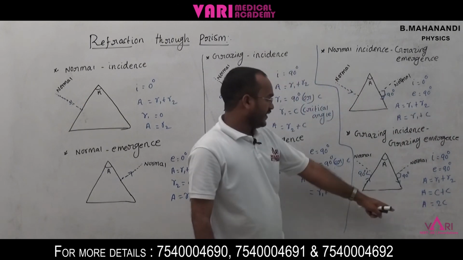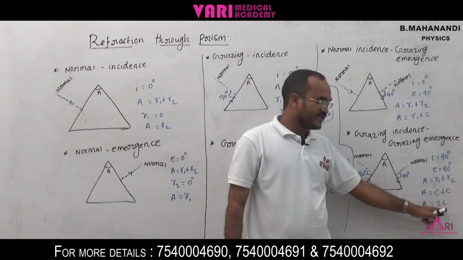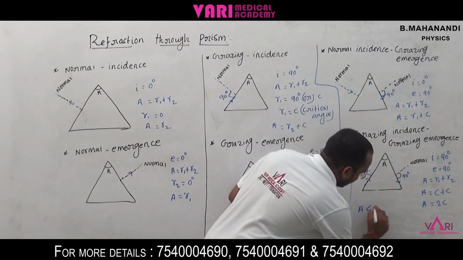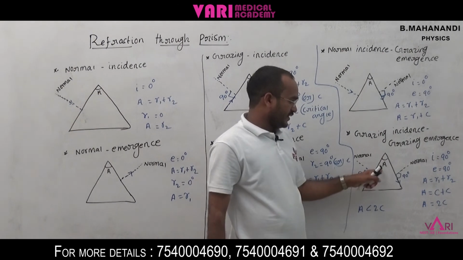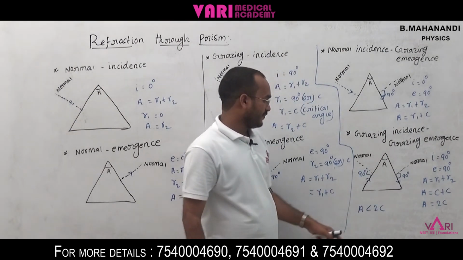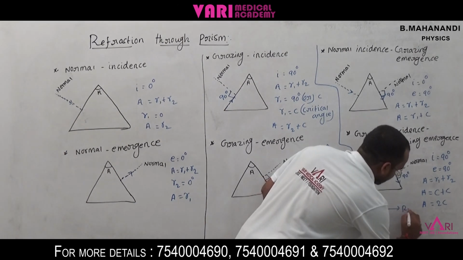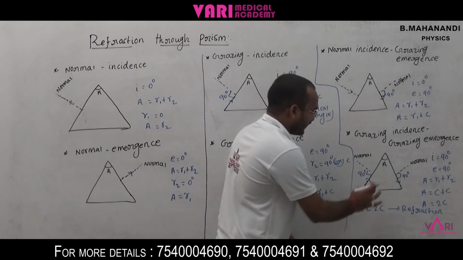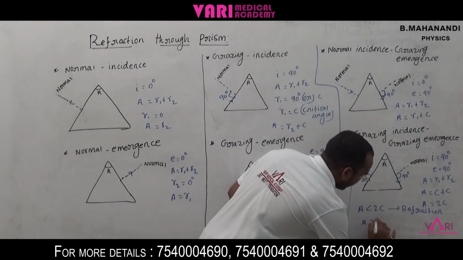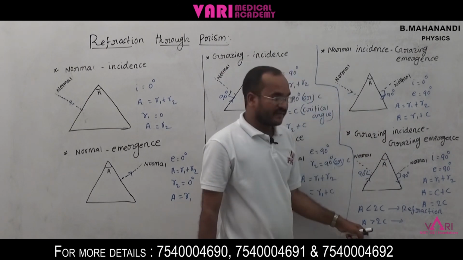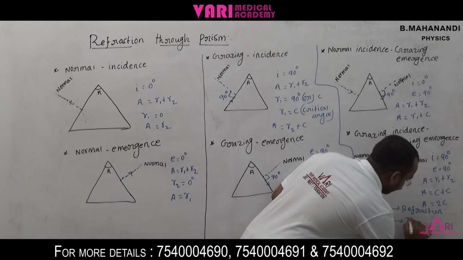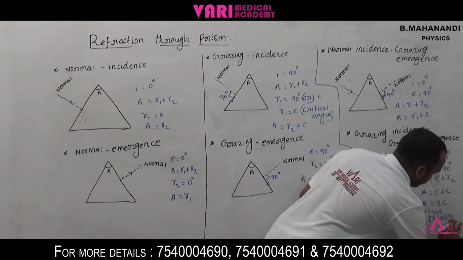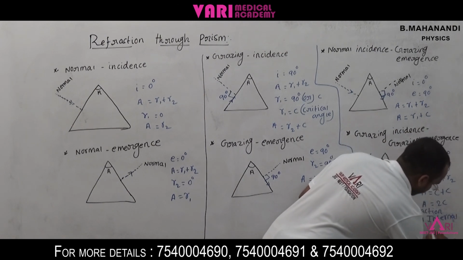If A, the angle of the prism, is less than 2C, the critical angle of the prism, then refraction is possible. If the angle of the prism is more than that, then total internal reflection is possible.